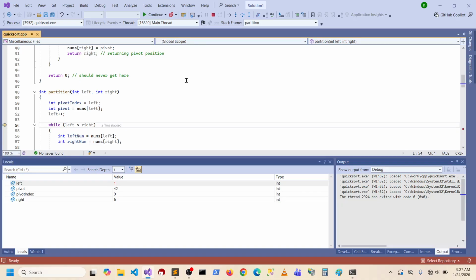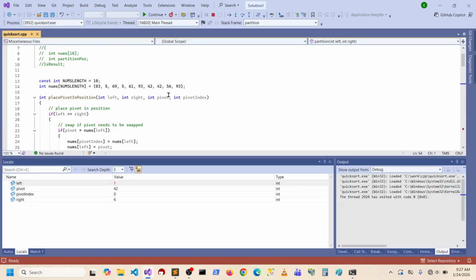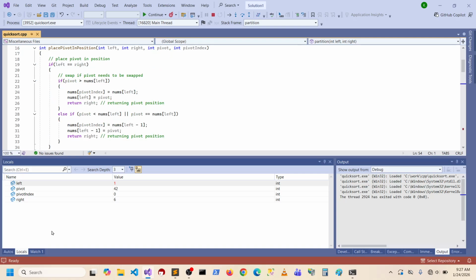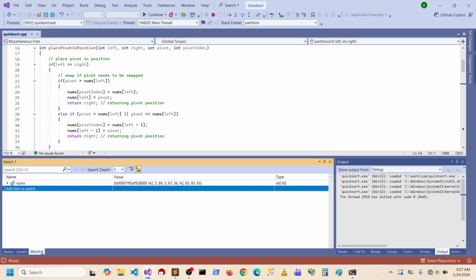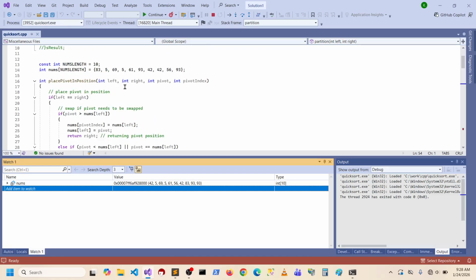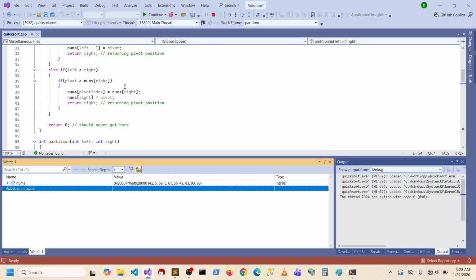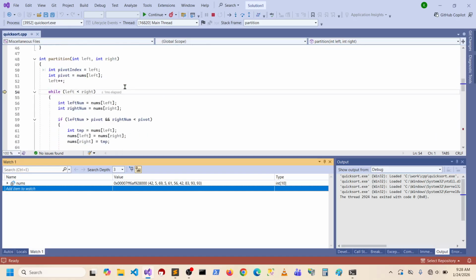Pivot is 42. So we're still on pivot 0 here.